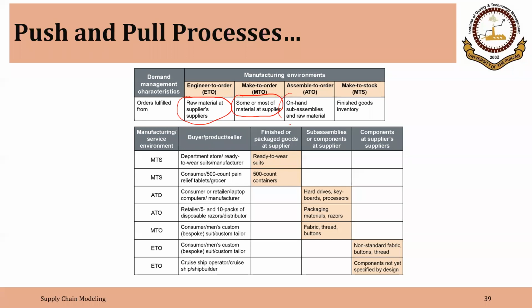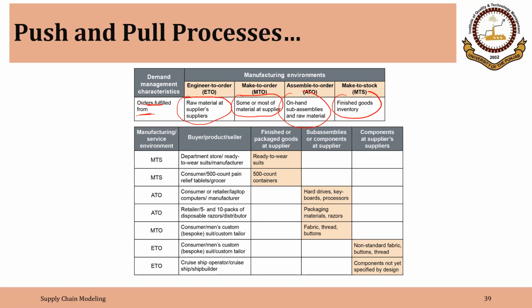In assemble to order, we already have on hand sub-assemblies and raw materials, and we assemble them as per customer order. And in make to stock, the finished goods inventory is used to fulfill the customer order. So you can see the cycle is longest in the case of ETO, right from the basic raw material. It is smaller in the case of MTO and smallest in the case of make to stock.